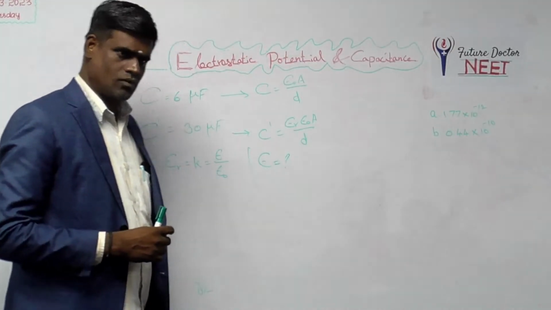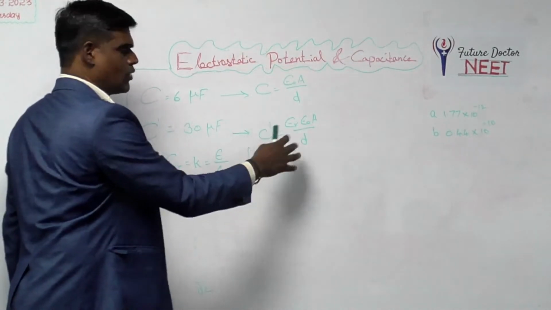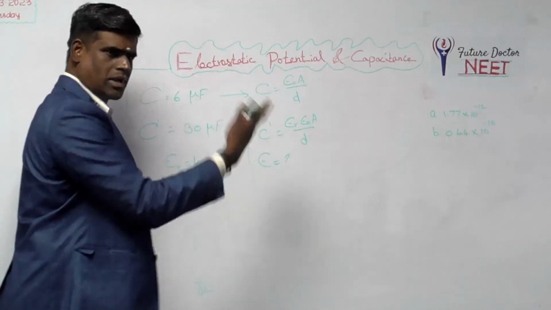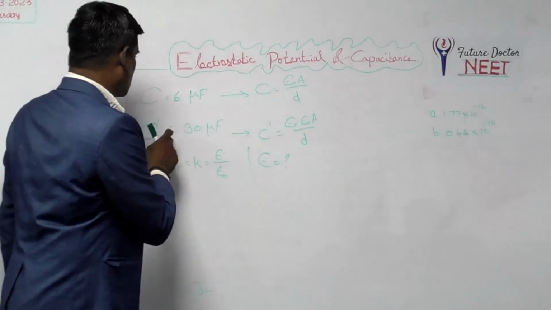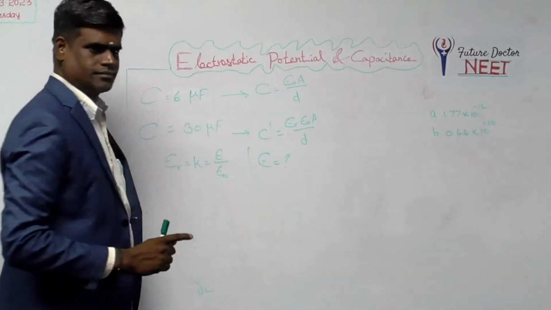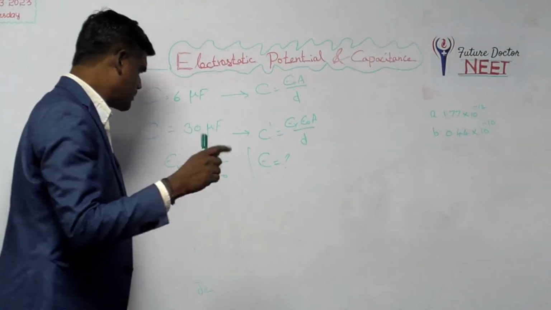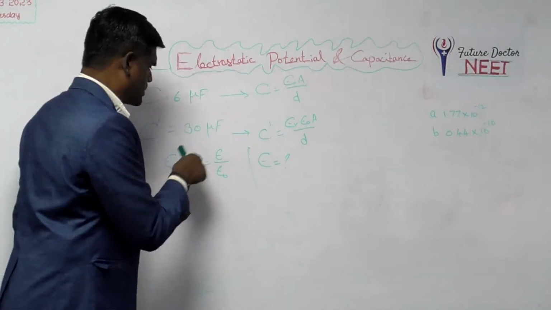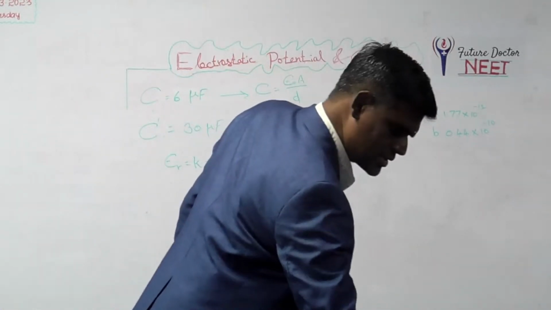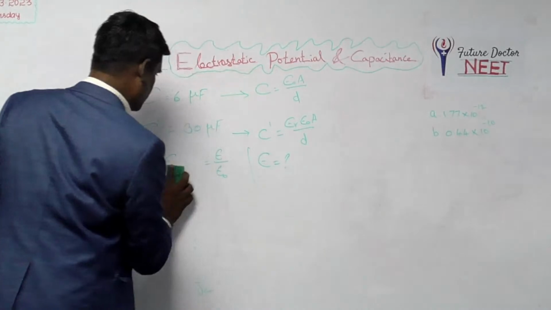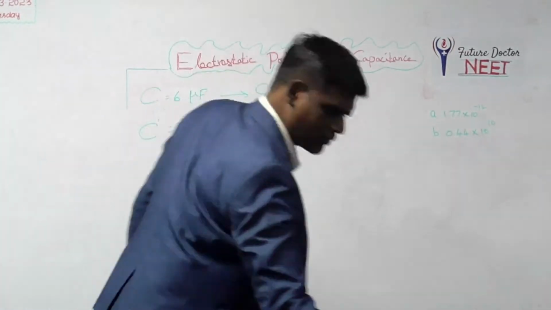Then substitute that epsilon r here: epsilon r equal to epsilon by epsilon naught. Don't confuse K and epsilon r, just epsilon r.